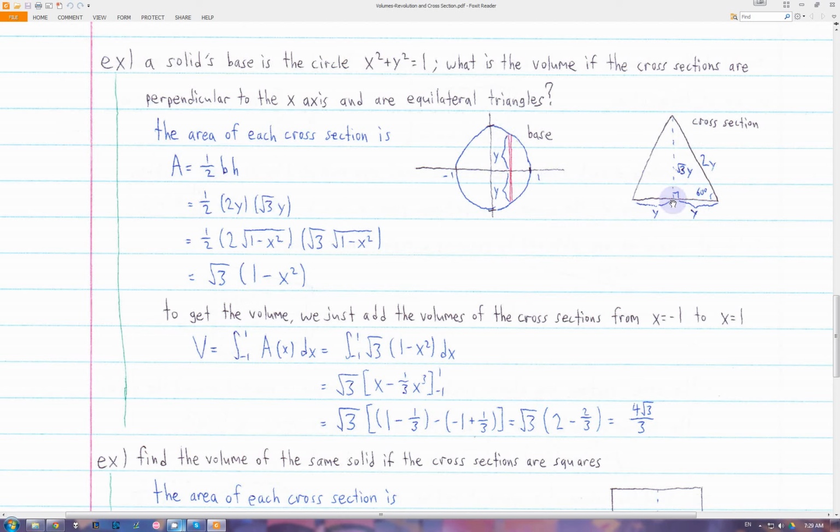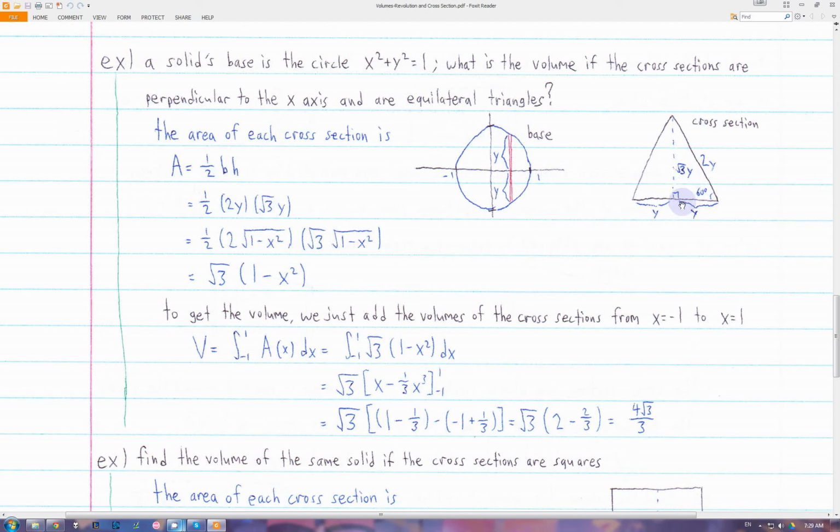Since this is a 30-60-90 triangle, the line from the top to the bottom of the triangle will be the square root of 3 times y. And y in this case is the square root of 1 minus x squared. So we know that the area of this cross-section is just 1/2 times the base times the height.